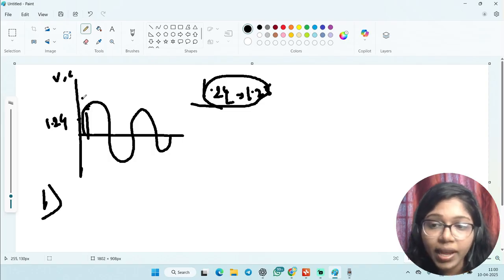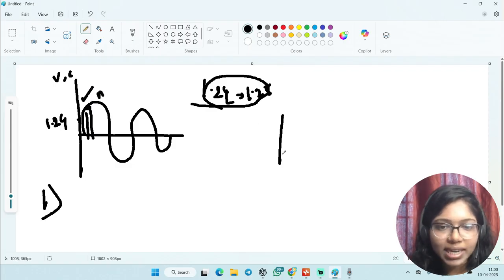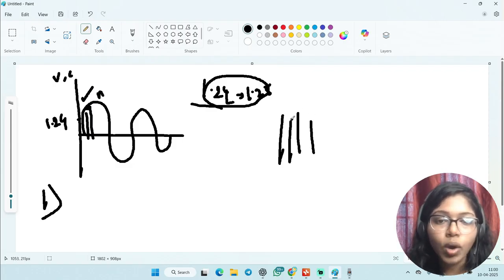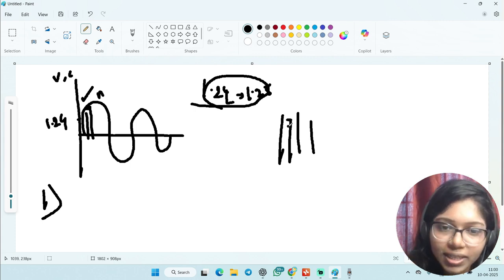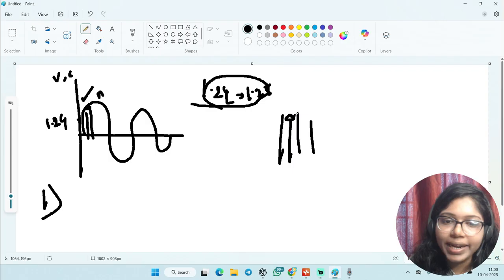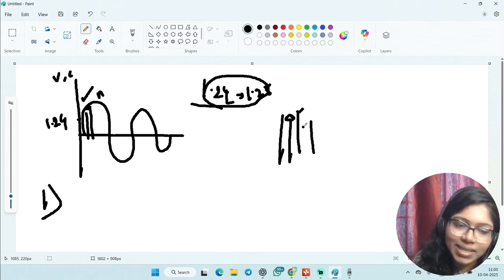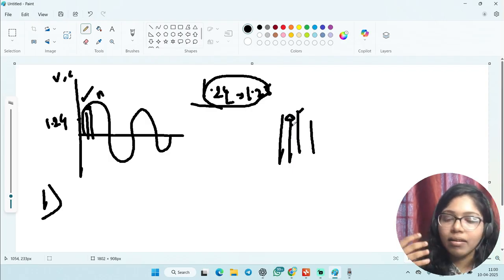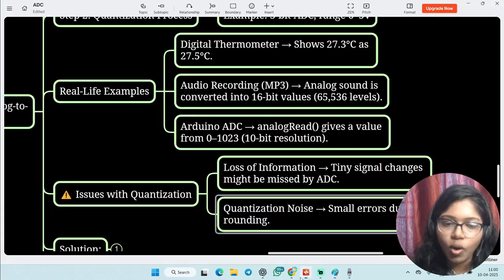And second, instead of taking the good data, you may acquire some noise data while rounding the data. Because the data is already sampled, while rounding it, instead of taking the good data, it might take some noise data, and you may miss out a lot of small tiny data.